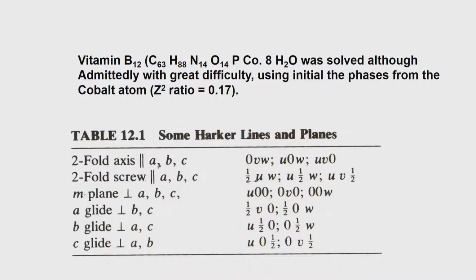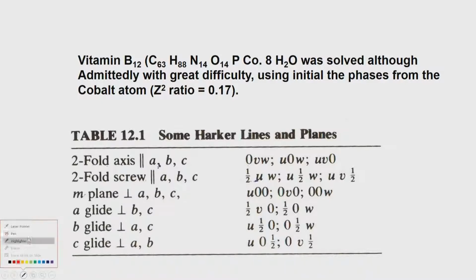So, if one looks at the projections of these Patterson maps, we can do a 3-dimensional Patterson map and look at the projections of that along x, y and z. So, if we have the projection down the x axis, 0 v w, and one looks at 0 v w, the two-fold axis is parallel to A. So, as a result we end up with what is known as a Harker plane.